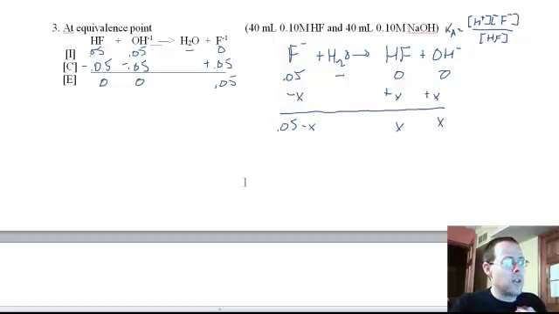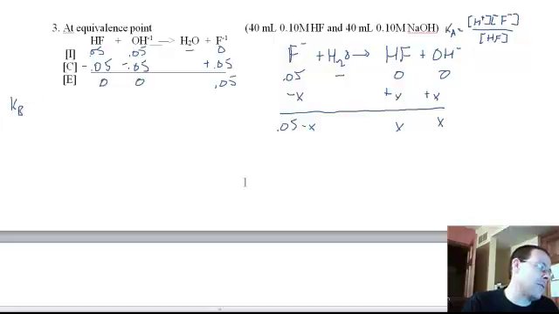Okay? So this equation then, because this is now written as a base, because F⁻ is the conjugate base of HF, we really need to find out what our Kb value is for HF. And Kb is simply equal to Kw divided by Ka.